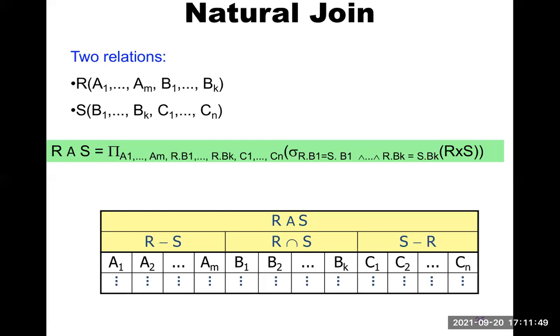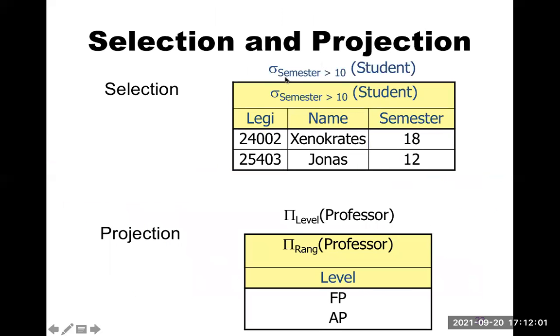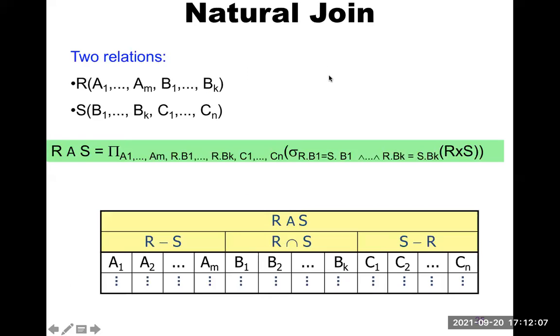If they have all the columns the same with the same names, all the columns with the same names will be used. In selection we have a subscript index with a condition. In natural join, we have no conditions, just the operation, and that's it.